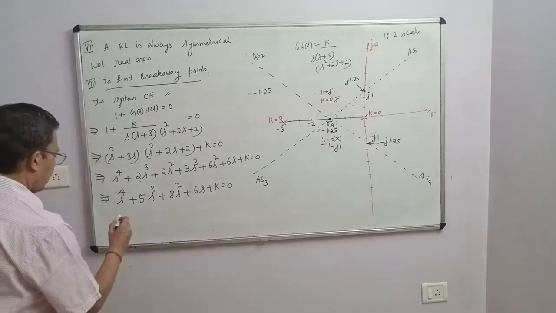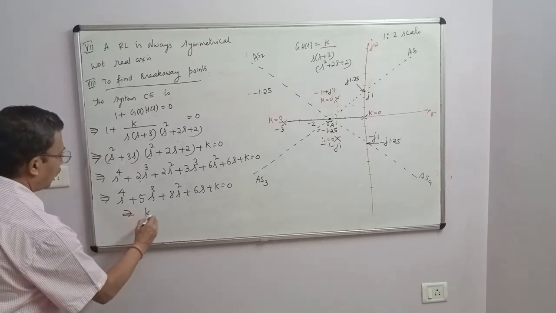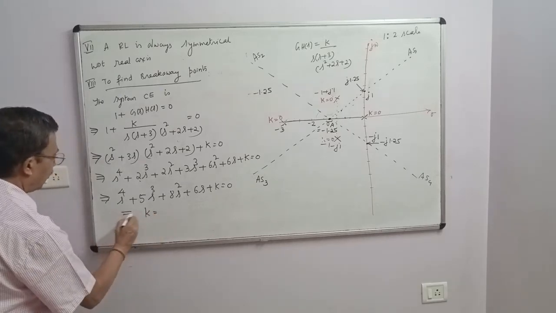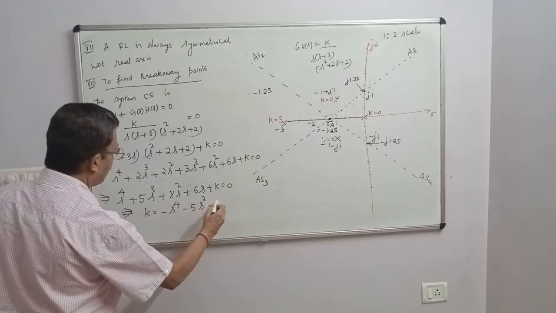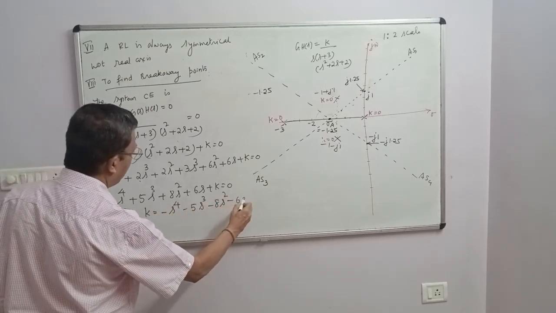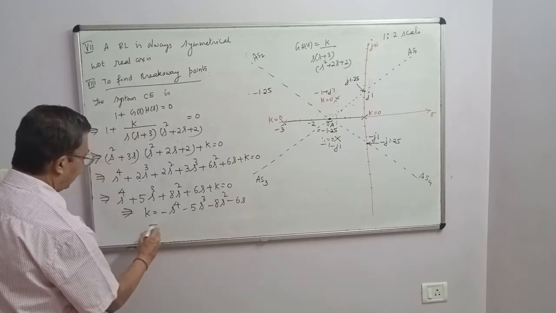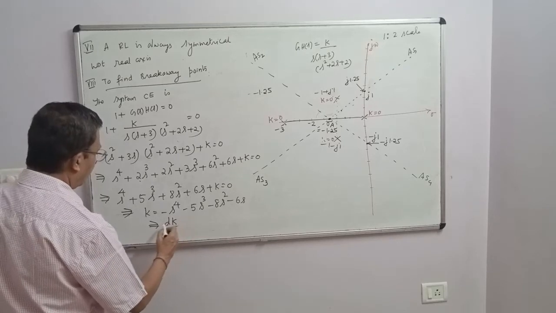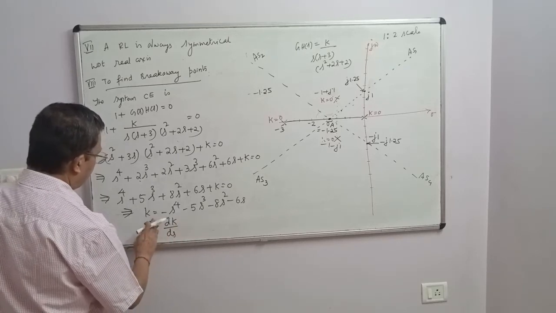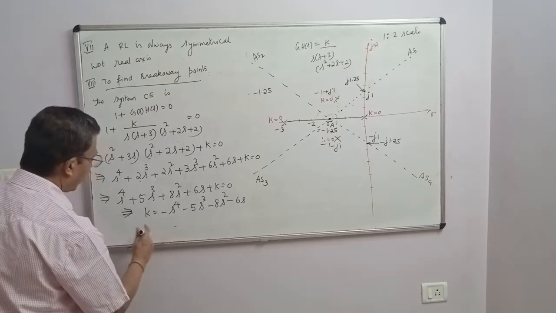Okay. This implies k is equal to minus s to the power 4 minus 5s cube minus 8s square minus 6s. This in turn implies dk by ds. I'll write one sentence.